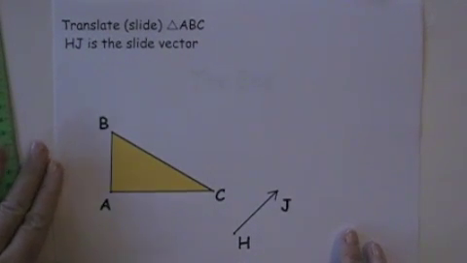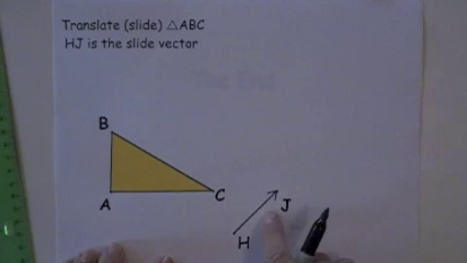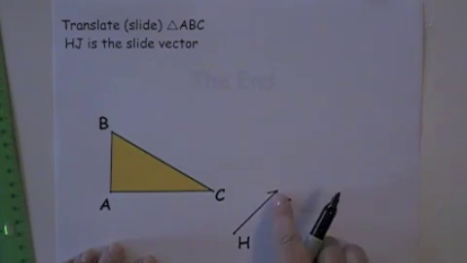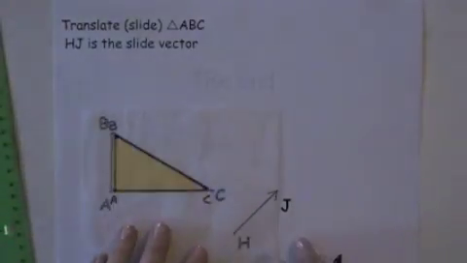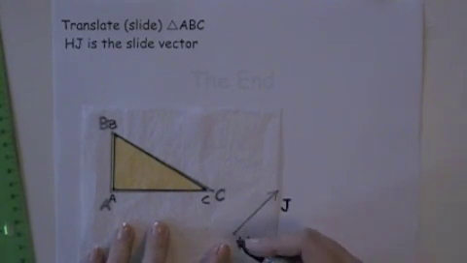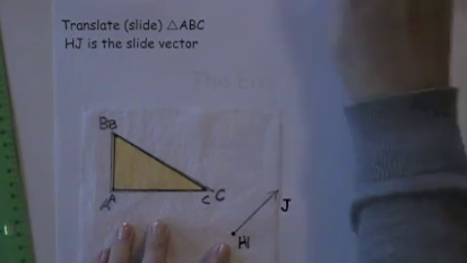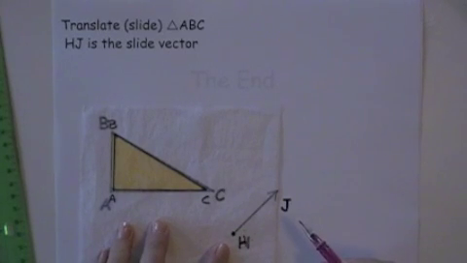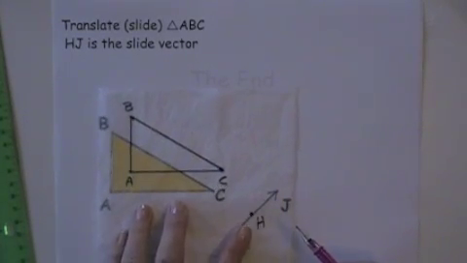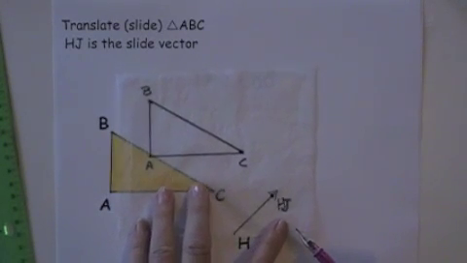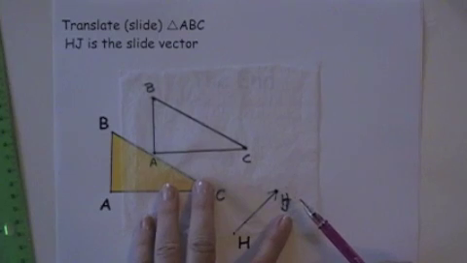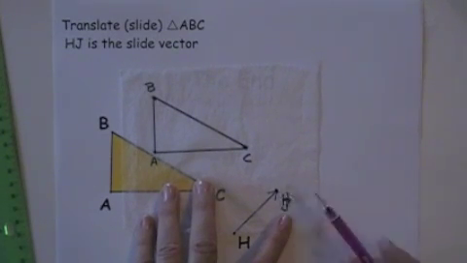Lastly, I'll do a translation or a slide. Whenever you slide a figure, I'll have to give you a slide vector. The slide vector is going to tell you how far to slide the object and in which direction. So once again, I'll use my tracing paper. But this time what I want you to do is mark this point down here on the vector, point H. And then what we're going to do is keep our eye on point H. And as we slide point H along that vector, we're going to be moving the triangle too, and stop when you get to the end of that vector.